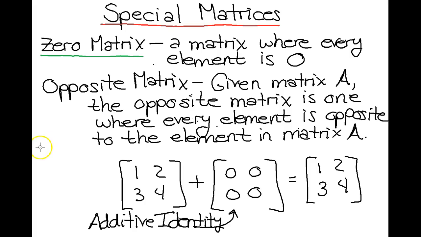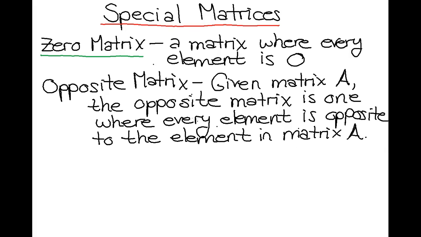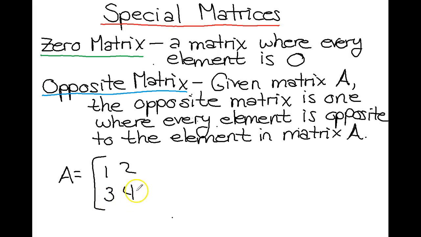Another matrix that you might run across, especially when we're solving equations, is the opposite matrix. Given matrix A, the opposite matrix is one where every element is opposite to the element in matrix A. So let's build a matrix, and we'll just call it matrix A, filled with the values 1, 2, 3, and 4.